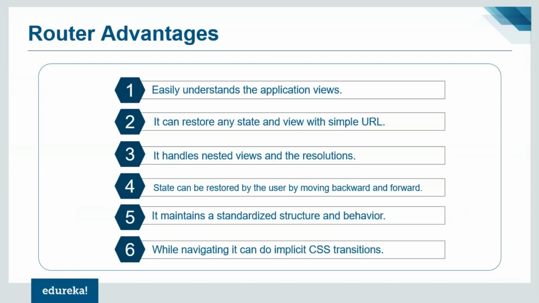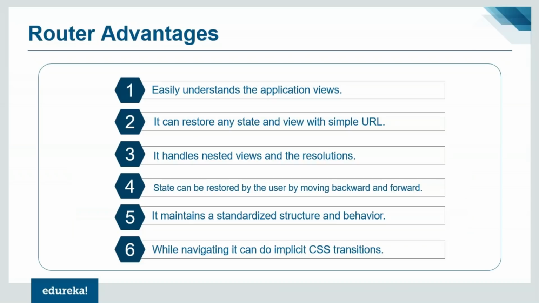In any application where there are multiple web pages, you have to move back and forth, so state needs to be restored on different pages. The router allows the state to be restored by the user moving forward and backward.